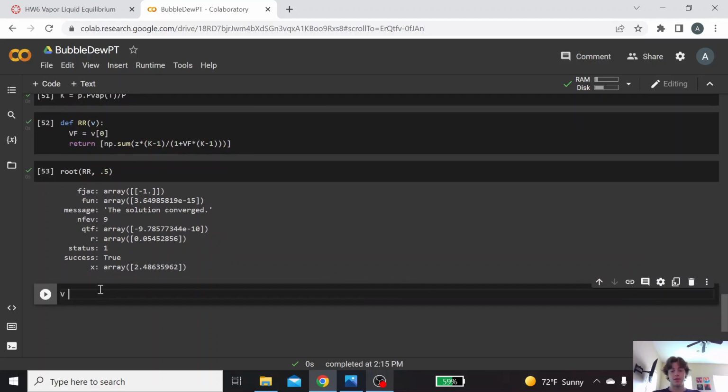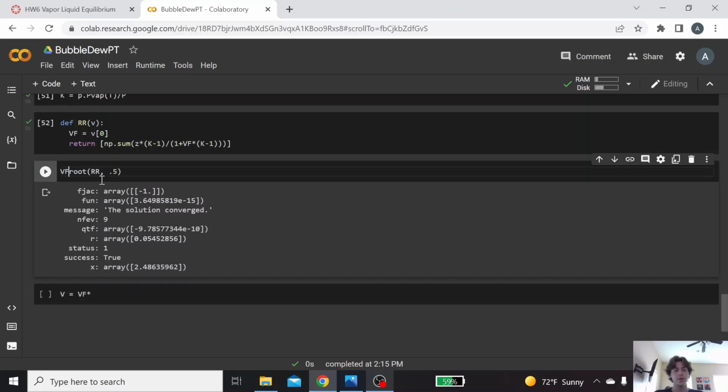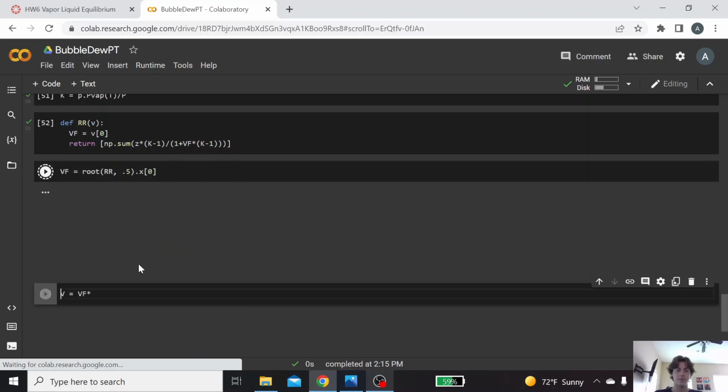So we can find the total amount of moles in the vapor phase using our vapor mole ratio, which we get from our root equation. I'm just going to grab the first index of the x element. That way we just get this value.